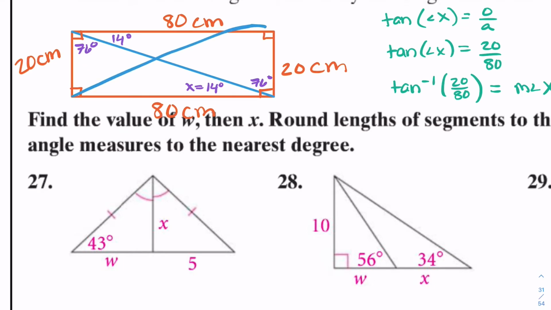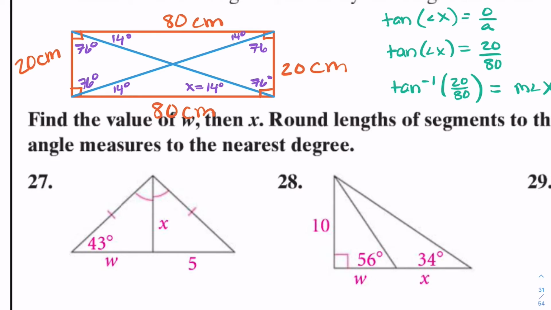So I'm going to draw this other diagonal in. That would make that 14 degrees, and that one is 76 degrees. That is 14 degrees and 76 degrees.